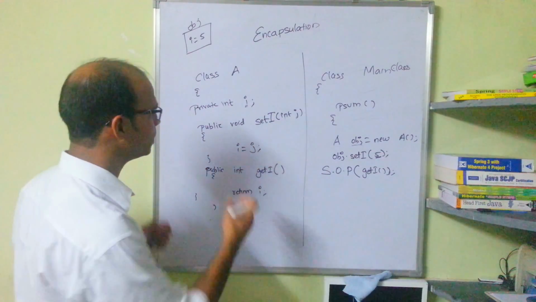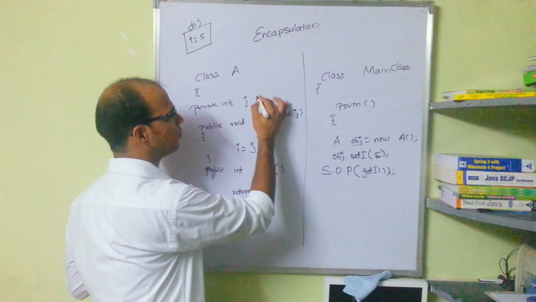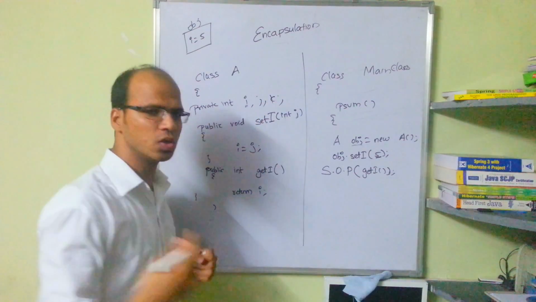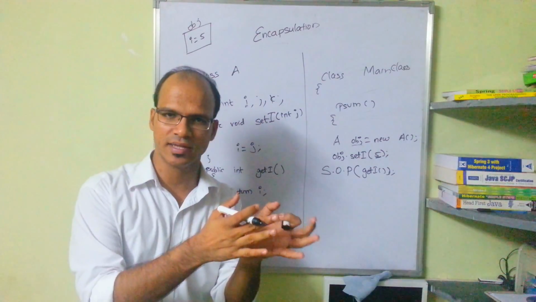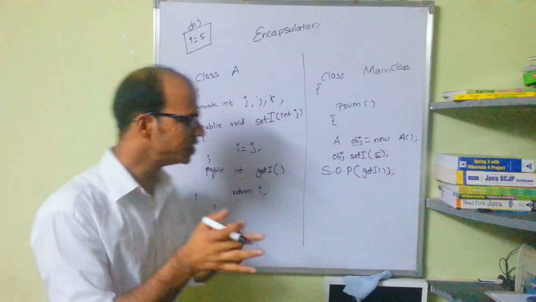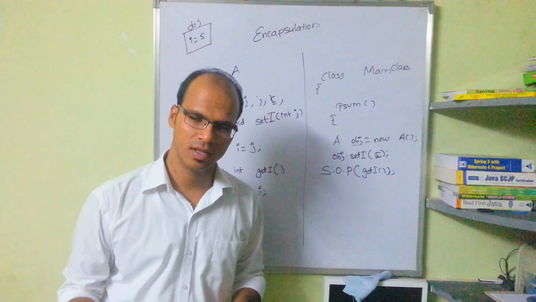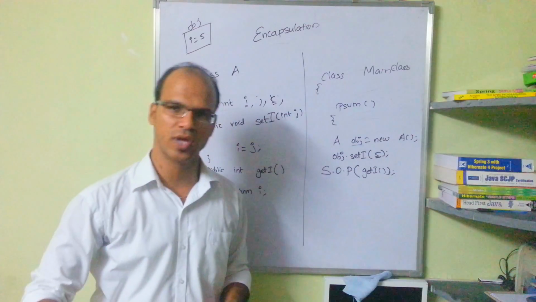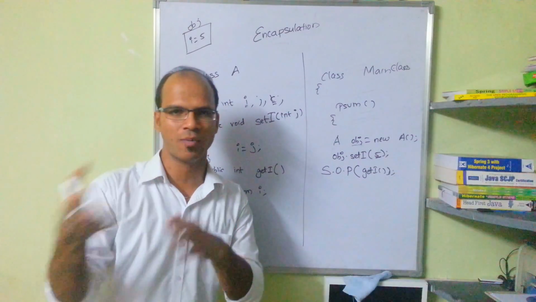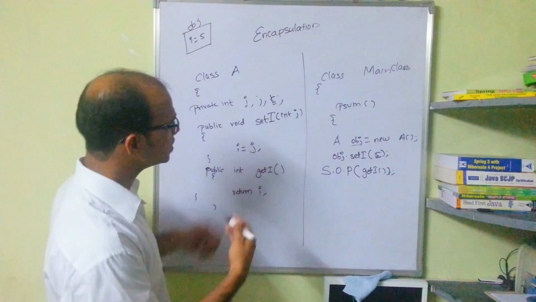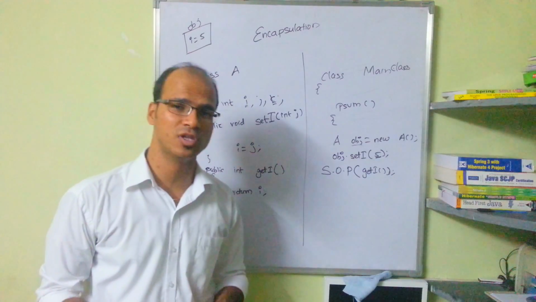For example, if I have 3 variables, theoretically it should be 3 getters and 3 setters. But let's suppose k's value is the addition of I and j. In that case, you don't have to set the value of k, because you'll be getting the value of k from I and j. So this is how you can implement encapsulation.